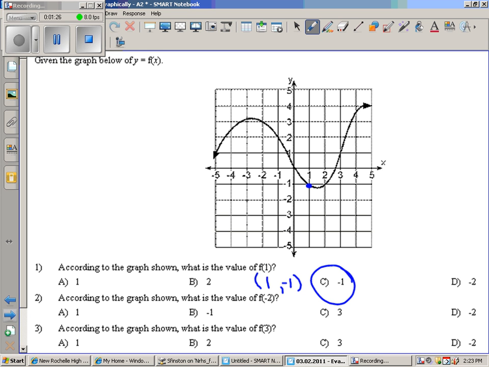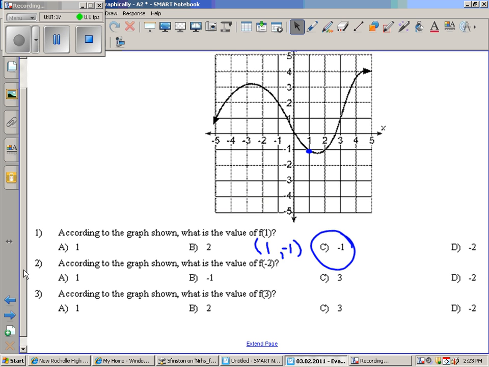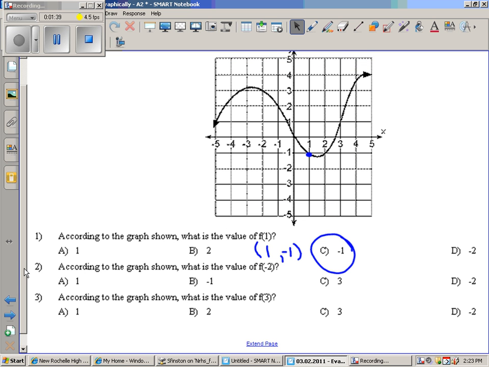Don't worry. Yeah, just plot the point. Let's play again. No, that's not the answer on your answer key because you have different multiple choice answers. Take a look.